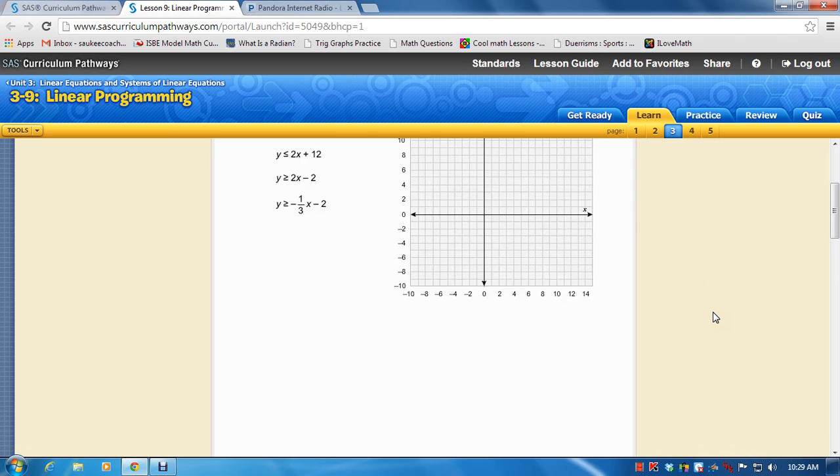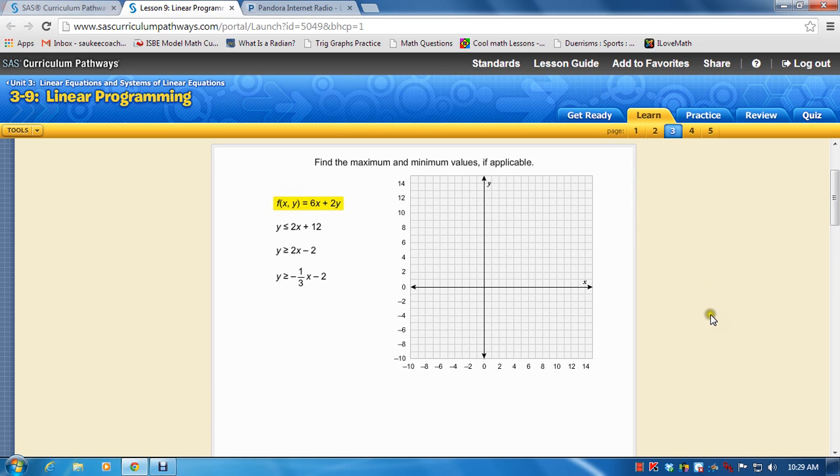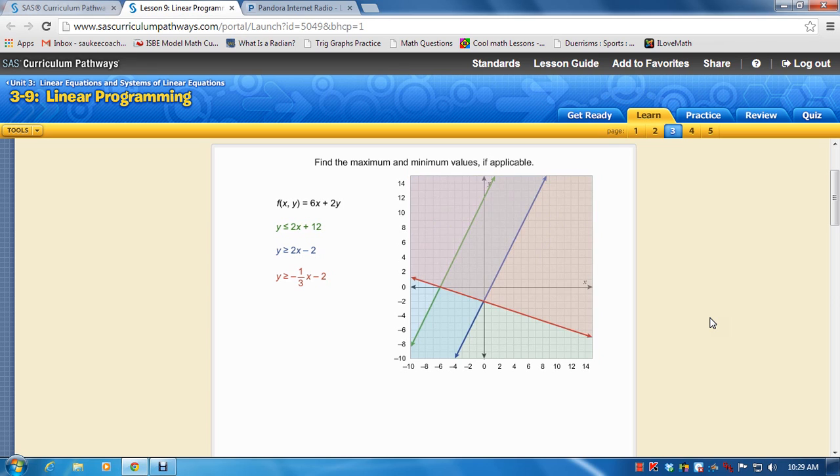To determine whether or not this objective function can be maximized or minimized for the given constraints, we will first graph each linear inequality. Y is less than or equal to 2x plus 12. Y is greater than or equal to 2x minus 2. Y is greater than or equal to -1/3 x minus 2.